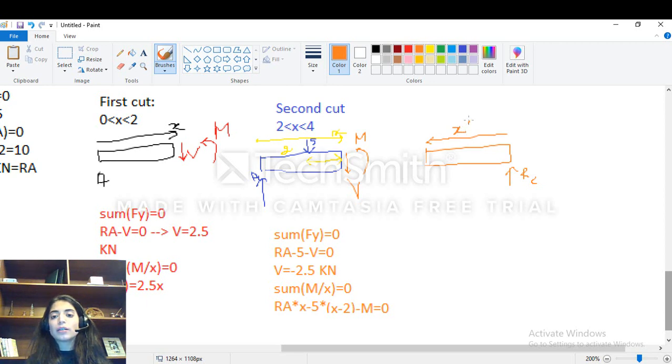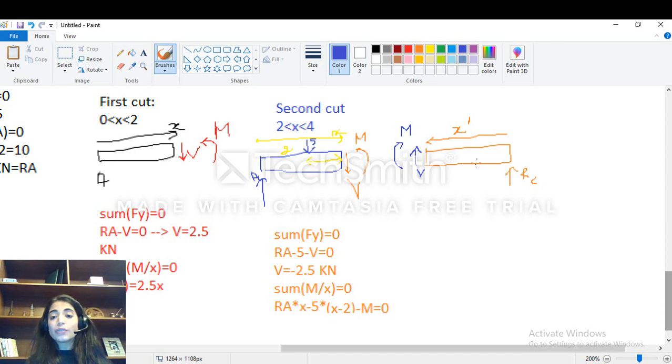And don't forget, guys, that if I take the right part, then V should be upward. So this is V. And M should be what? Should be clockwise. So this is by convention. This is V and this is M.